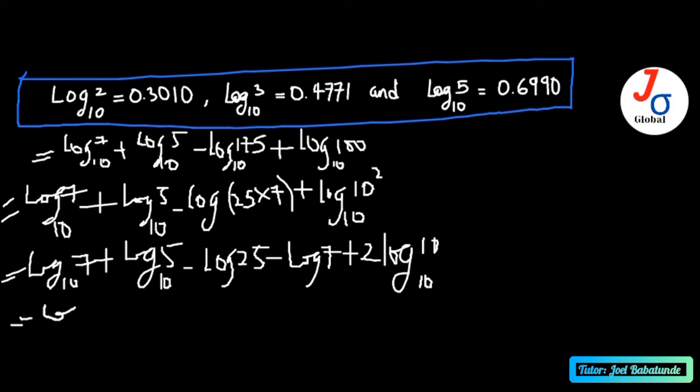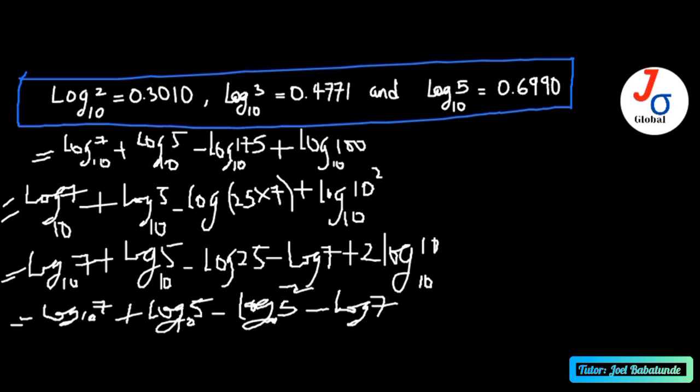So log 7 base 10 plus log 5 base 10, then minus log 5 squared, which is 25, base 10, minus log 7, then plus log 10 base 10, which is 1, times 2.